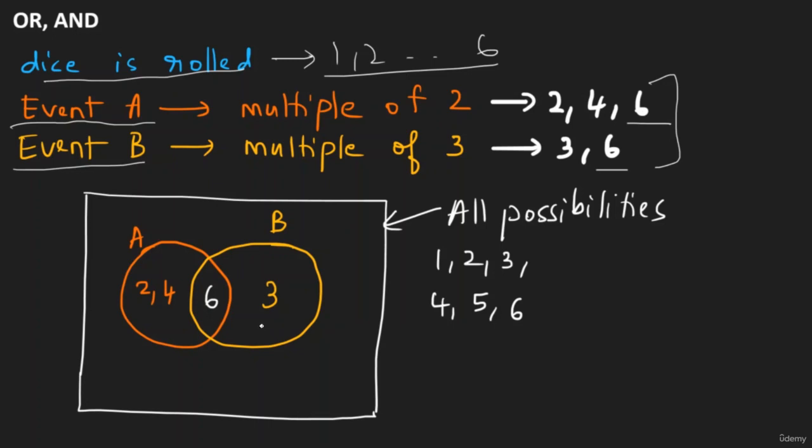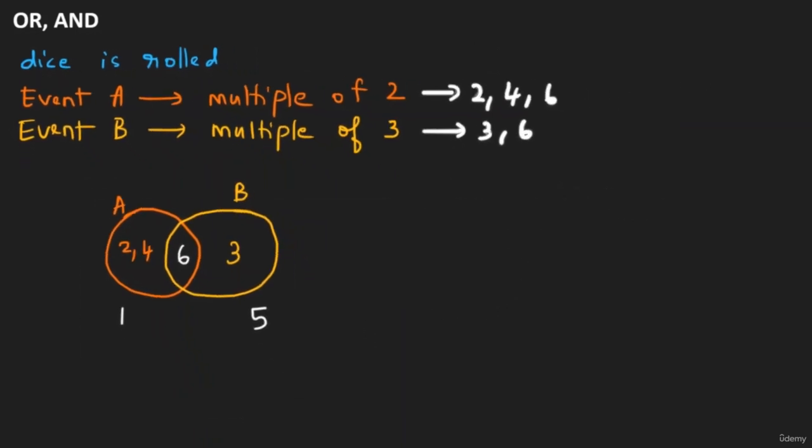What are the remaining outcomes? We have covered 2, 4, 6, 3, so 1 and 5 remain. They are drawn outside. As we said, this represents the universe of events, that is all the possible outcomes. Let's keep that aside.